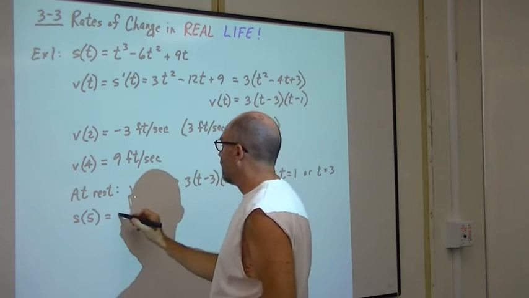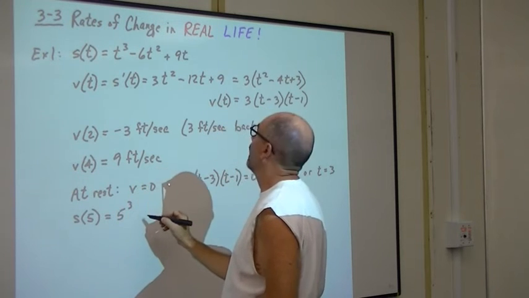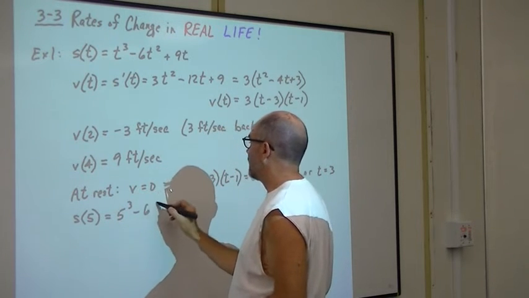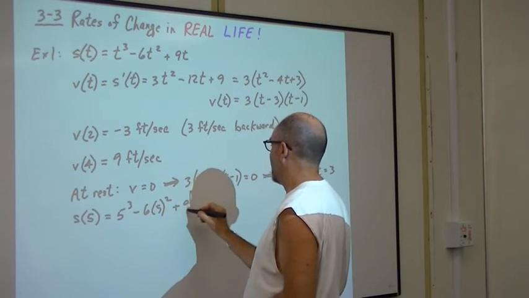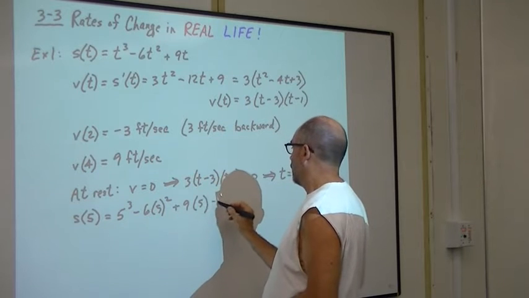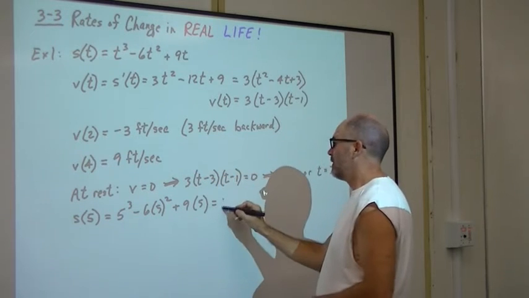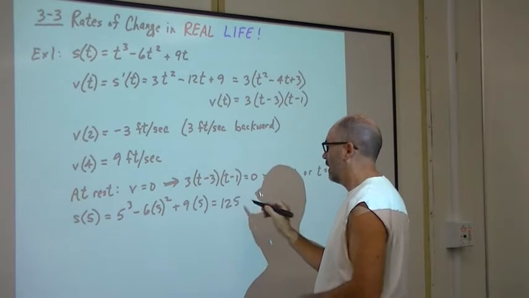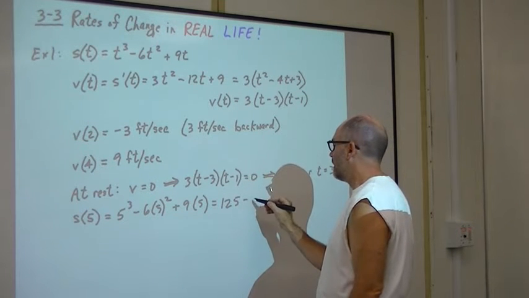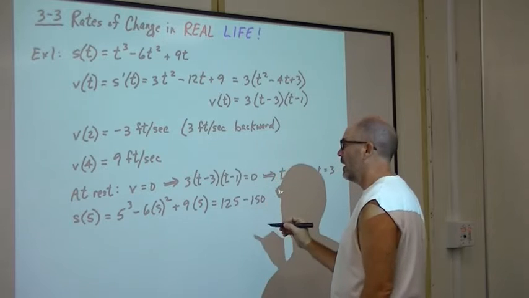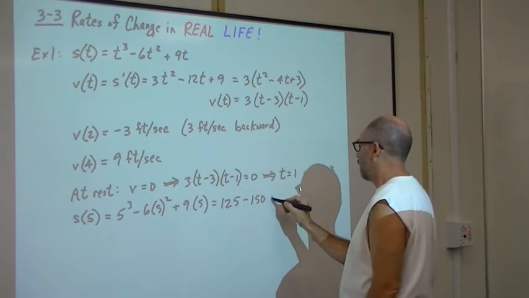So this is going to be 5 cubed minus 6 times 5 squared plus 9 times 5, which equals 125 minus 6 times 25, which is 150, plus 45.